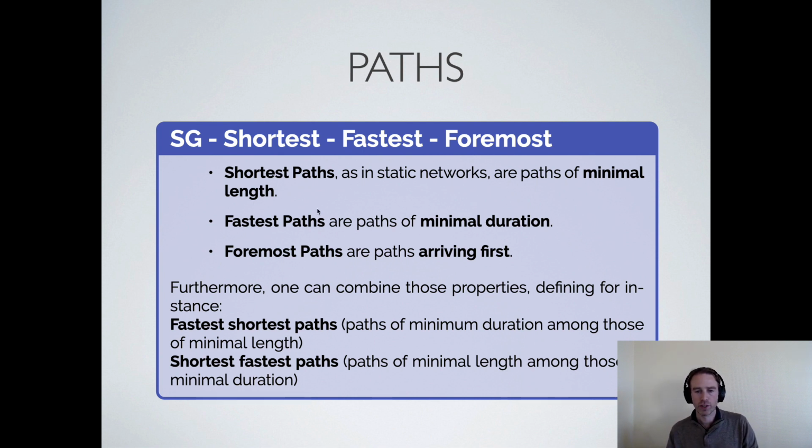But if there is a cost, for instance, associated to moving from node to node, then you might be interested in minimizing this cost, and so to search for the shortest path. Or you might be interested in the fastest path if the cost is, for instance, proportional to the duration.